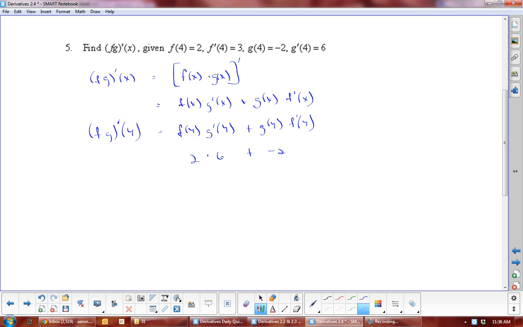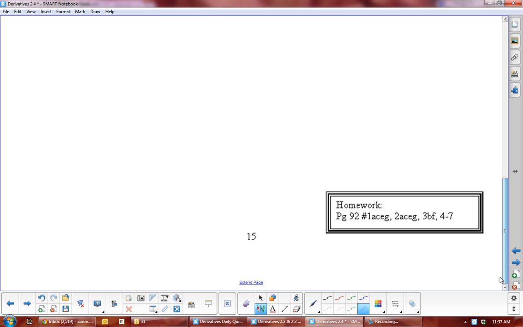Negative 2, and f prime of 4 is 3. So you get 12 plus negative 6 equals 6. Yep, so it's not a tough question if you know your product rule.